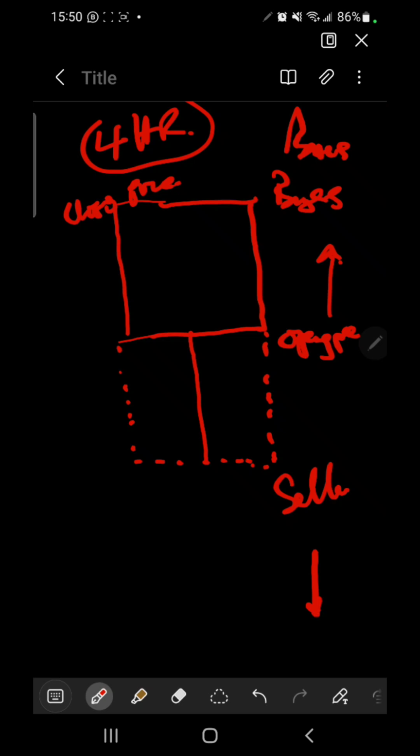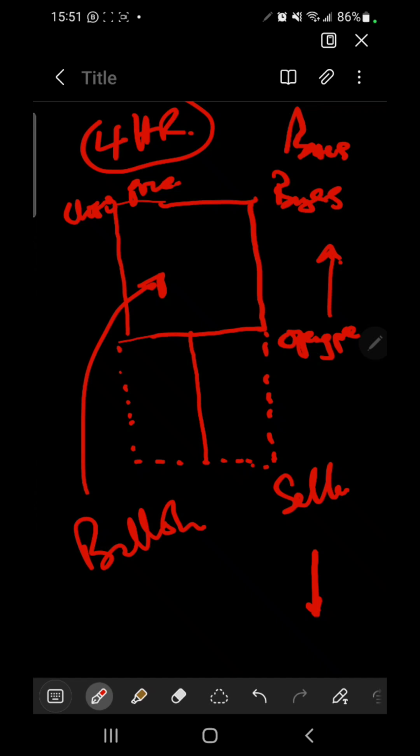So in the 4 hours, the market ended up being controlled by the buyers, and it closed that interval on the buyer side. So this will be termed a bullish candle. Remember the concept of bears and bulls. When we say it's a bullish candle, we are saying that this market is being controlled by the buyers.